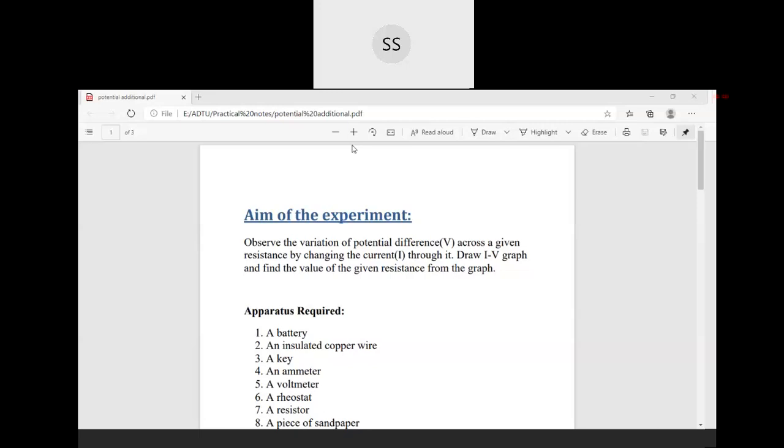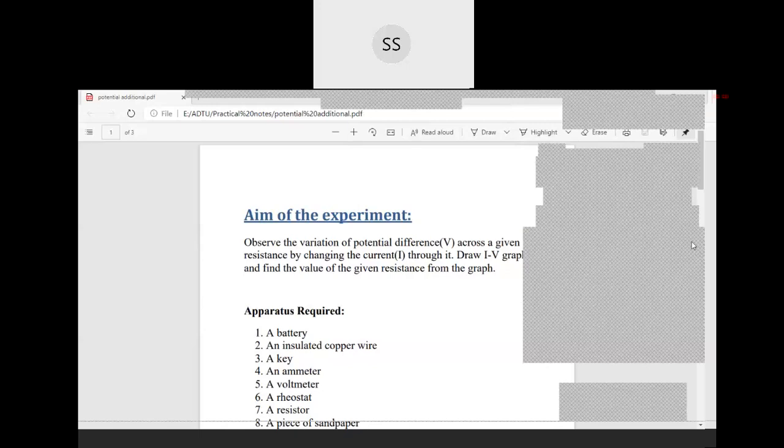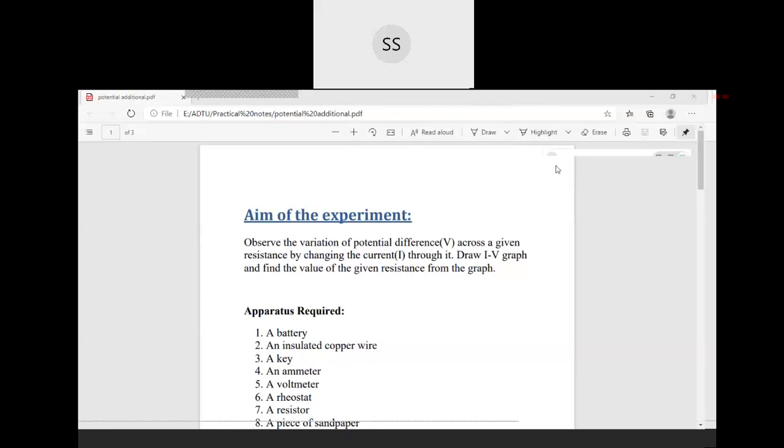Before we start this experiment, first we have to know what is potential difference, what is electric current, and what is resistance, right? So do you have any idea about these three things? Have you heard of these three topics?